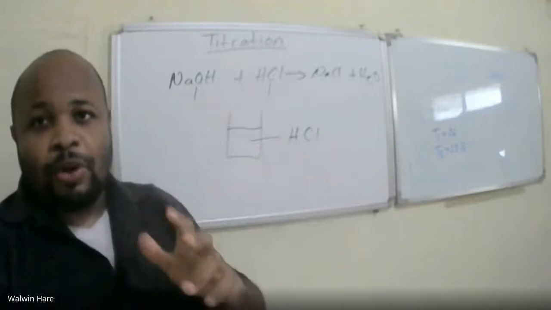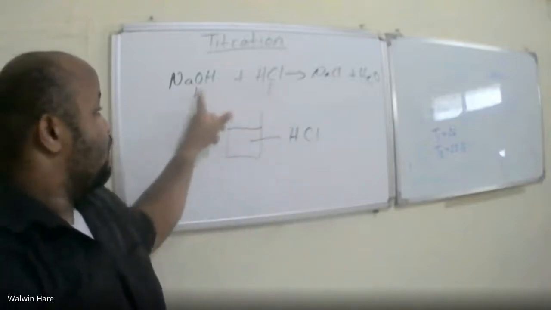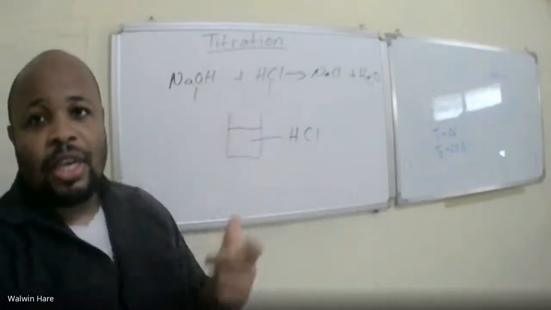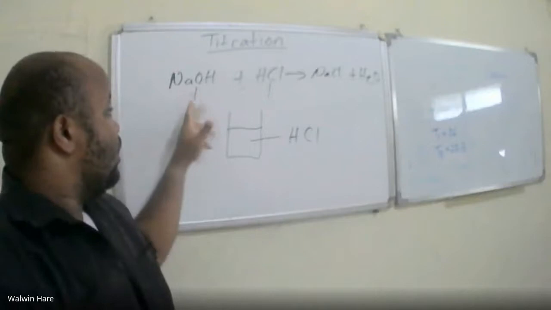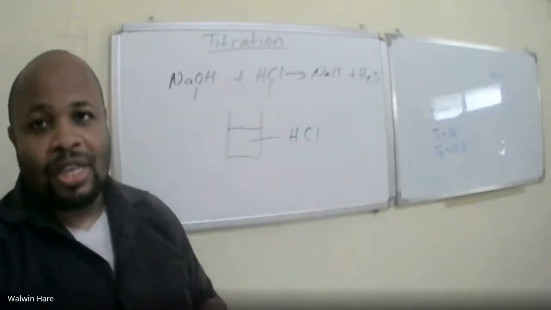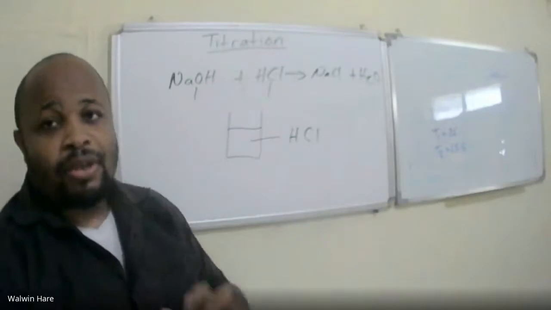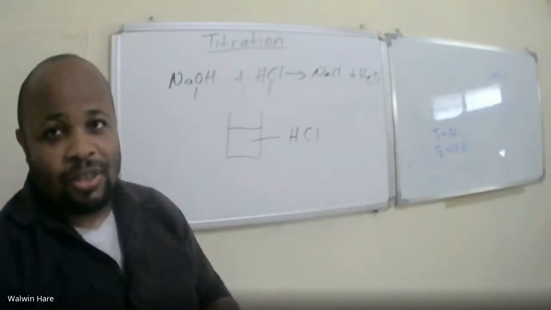The equivalence point is when the number of moles of these two substances are equal to each other. That is when we say the sodium hydroxide and the hydrochloric acid have neutralized each other. Now the endpoint is when the indicator changes color.